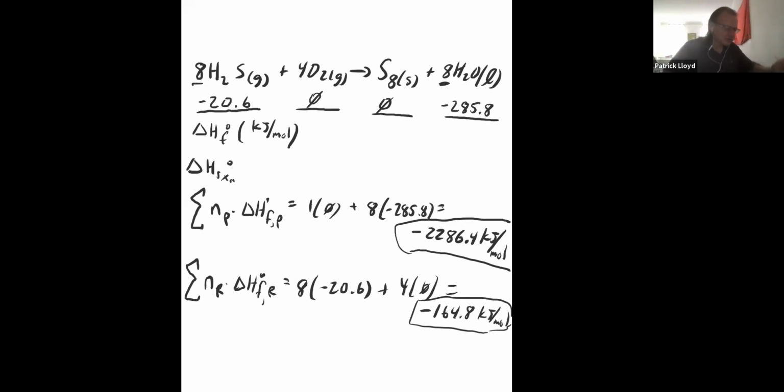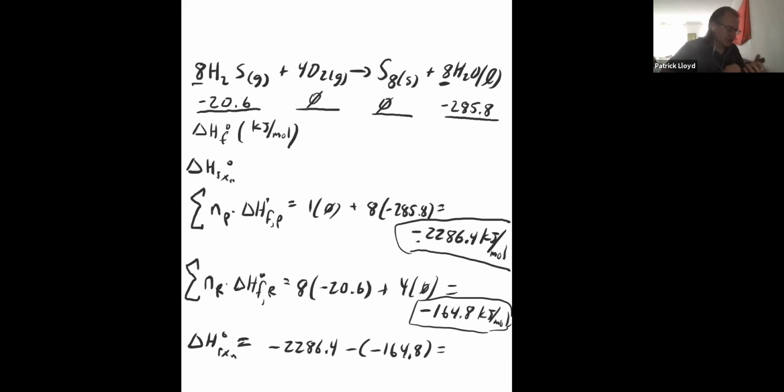So final minus initial. So delta H of reaction would be products, negative 2286.4, minus a negative 164.8, right? Minus a minus, so that means it's plus.